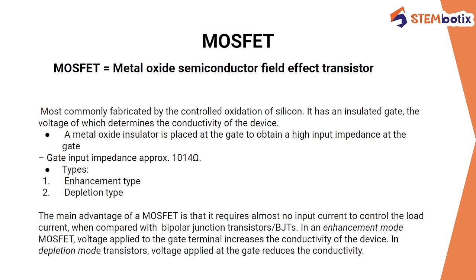While in depletion mode, the voltage applied at the gate reduces the conductivity. So if you give a voltage and it increases the conductivity, they are enhancement type. And if the voltage applied at the gate reduces its conductivity, then they are depletion mode transistors.